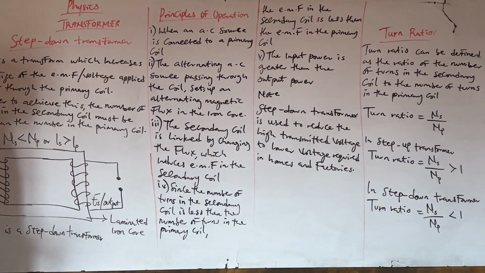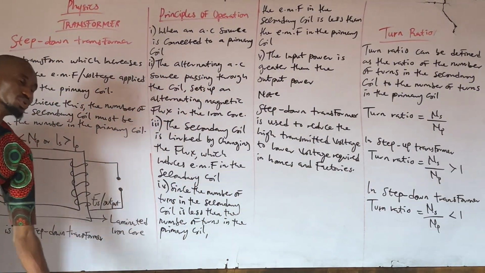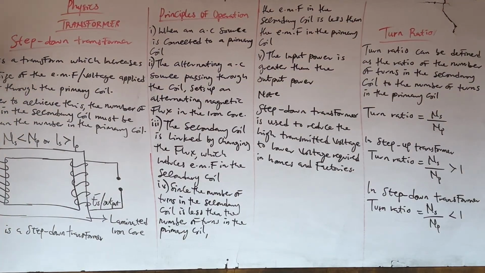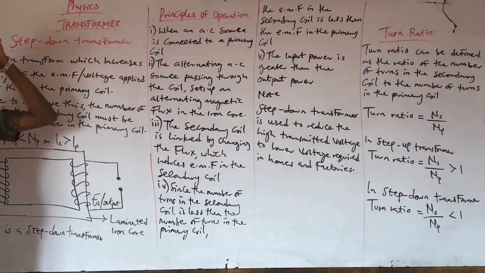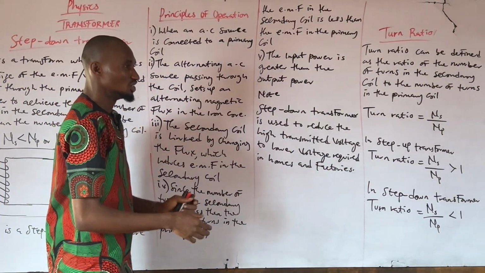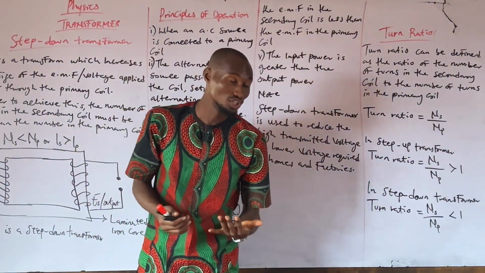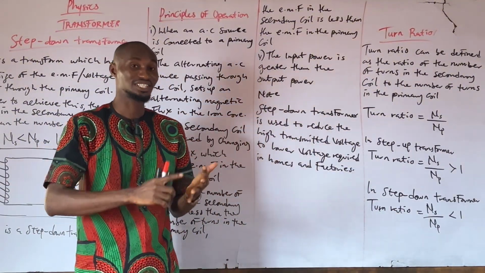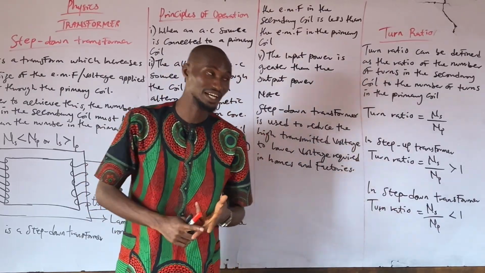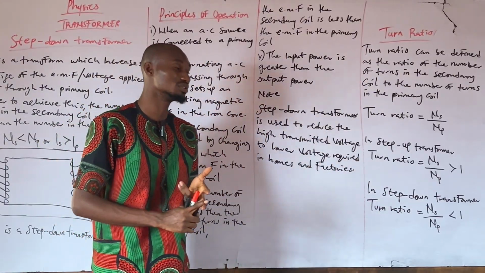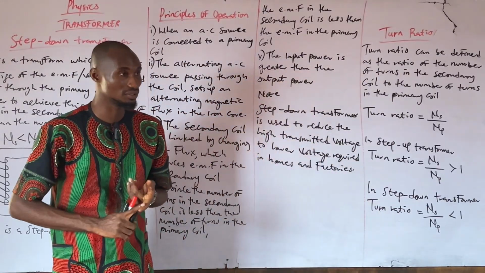Do you understand? Now, the next thing I want us to look into is sources of energy losses in a practical transformer. There are about 4. We have copper loss, heat, or I squared R loss. We have eddy current loss.